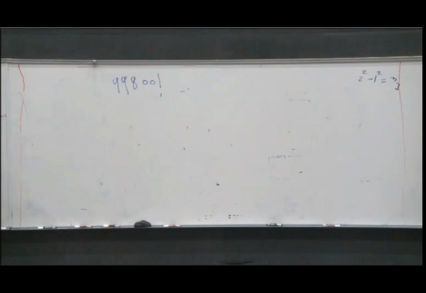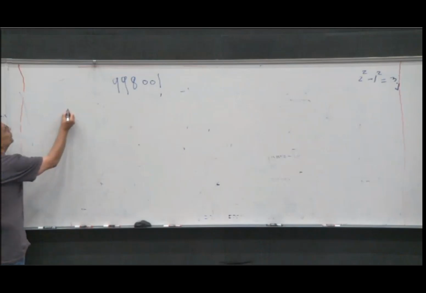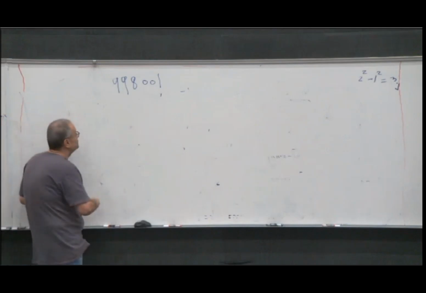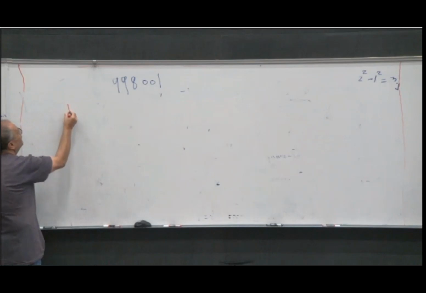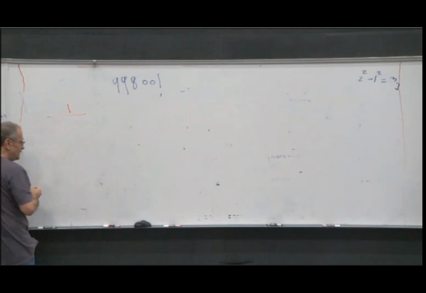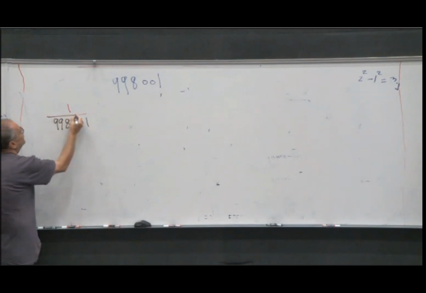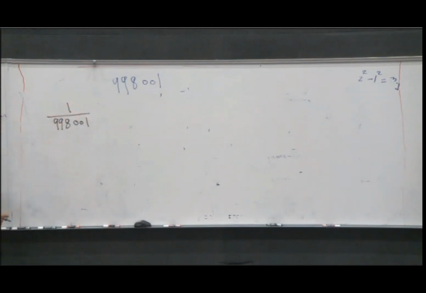It will give you only as many decimals as your calculator has. Yeah, approximation. Let's try to do 1 over 998001 in decimal.